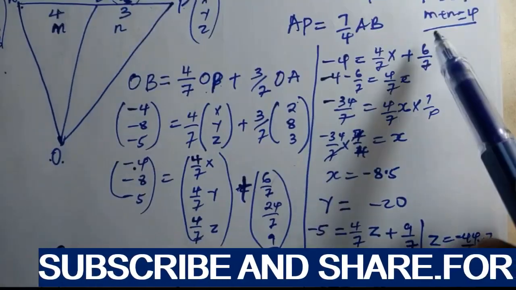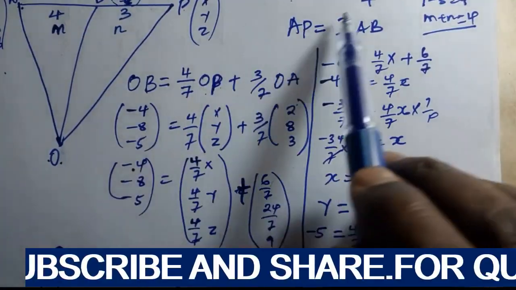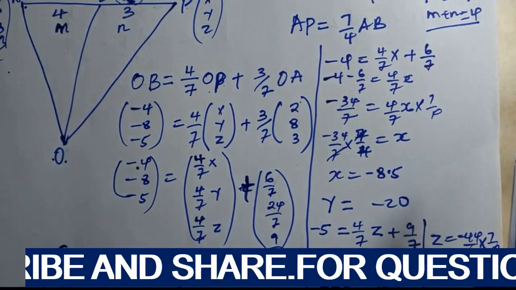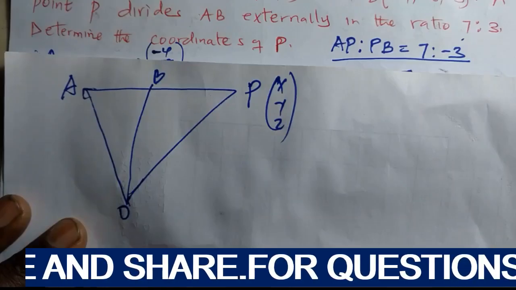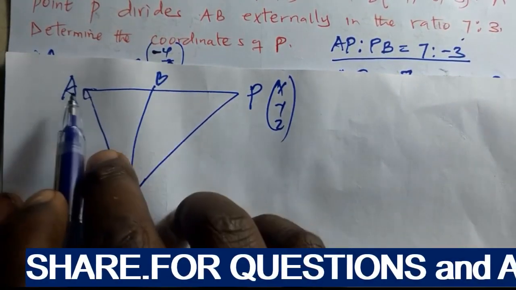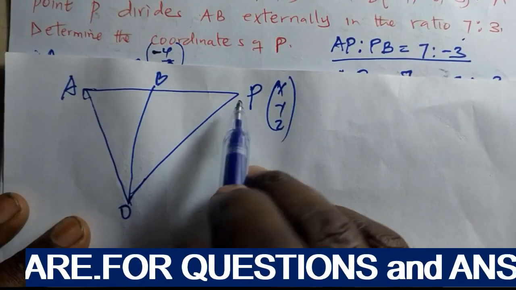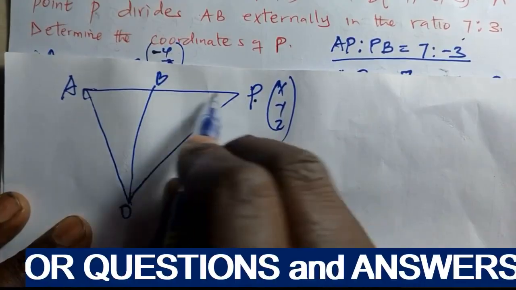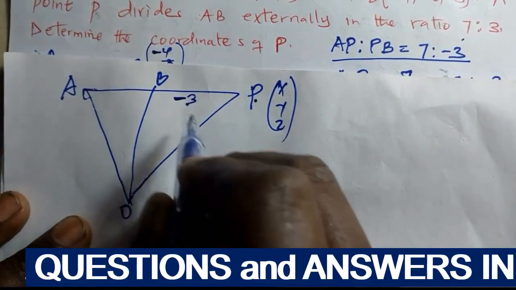Maybe let me do it that way so that I can do it directly to use this method too. You need to understand that from A to B is 7, A to P is 7, and P to B is negative 3 because it is external.